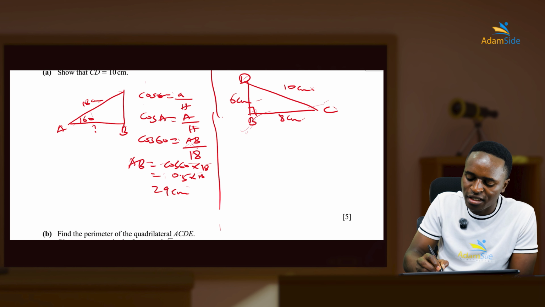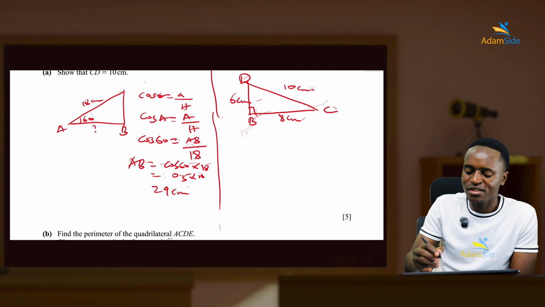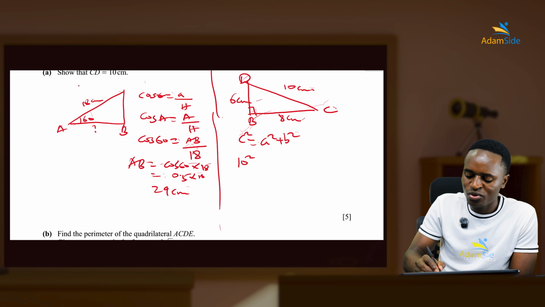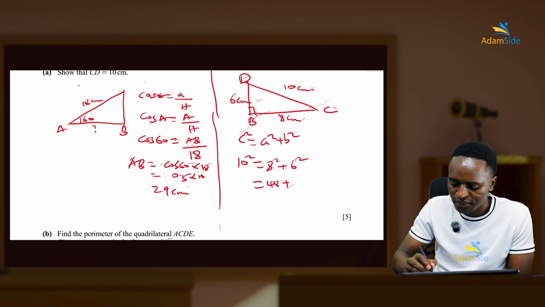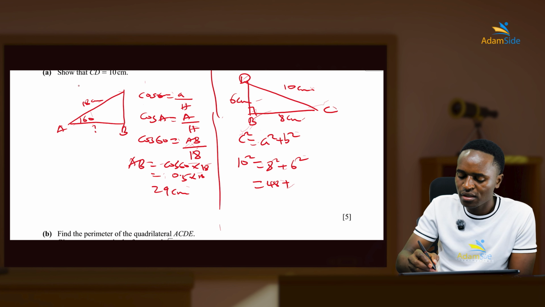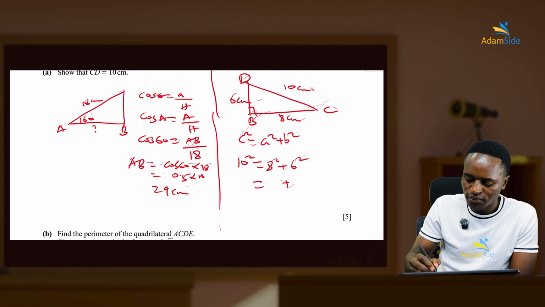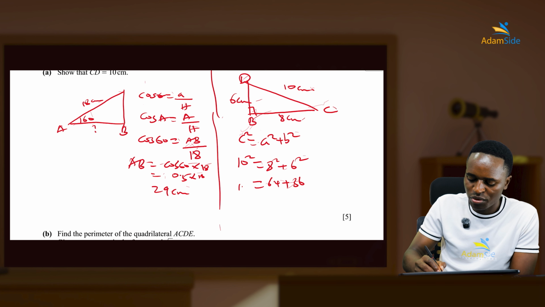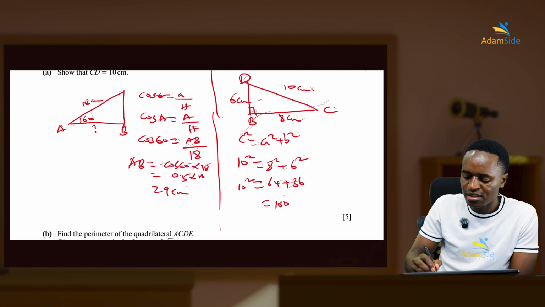So we know this is Pythagorean theorem. We use the knowledge of the Pythagorean theorem, whereby c squared, the hypotenuse, is equal to a squared plus b squared. So 10 squared is equal to 8 squared plus 6 squared, which is 64 plus 36. 64 plus 36 is 100.